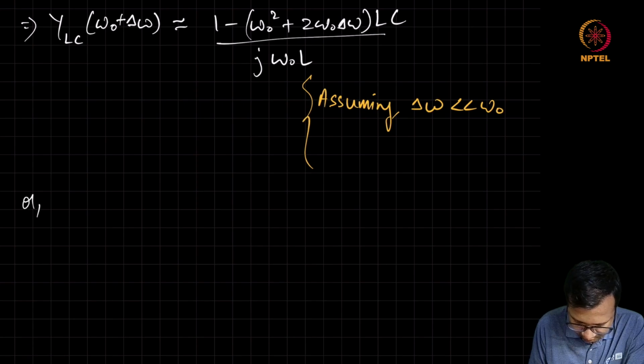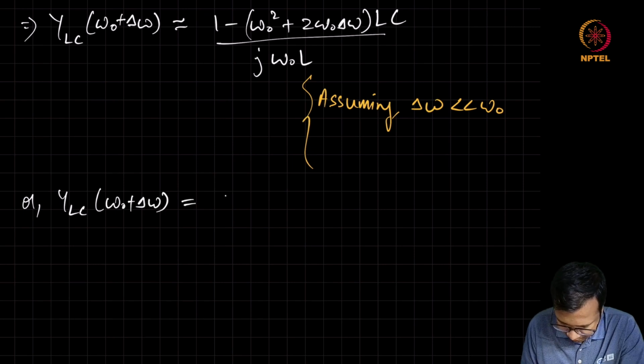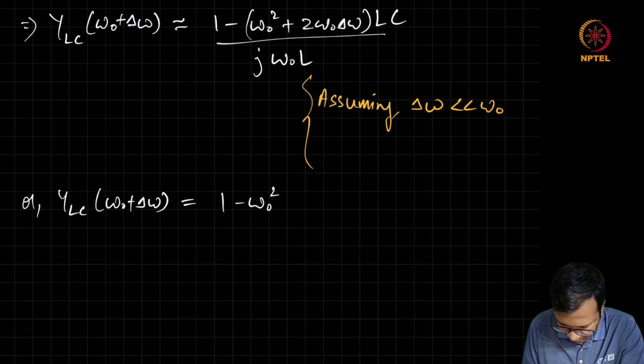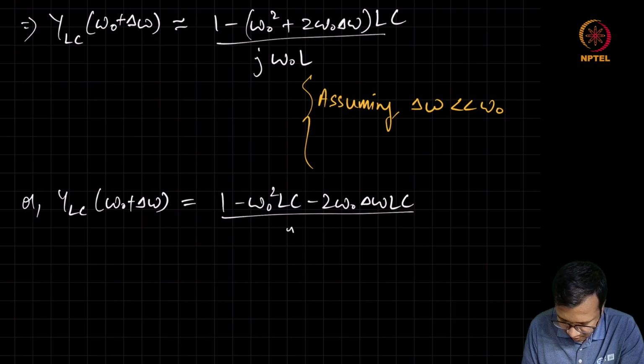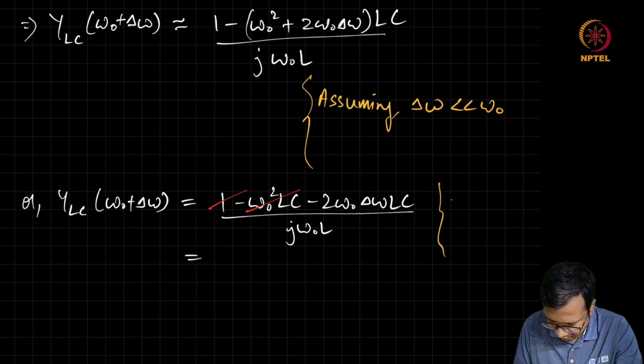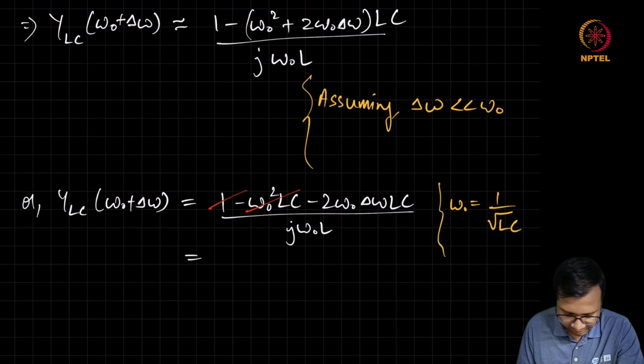We can see that this admittance is equal to 1 minus this omega naught square into LC minus 2 omega naught delta omega LC divided by j omega naught L, equal to, so this omega naught square LC will become 1, since omega naught is equal to 1 by root over LC.